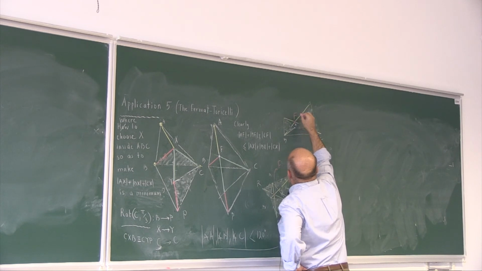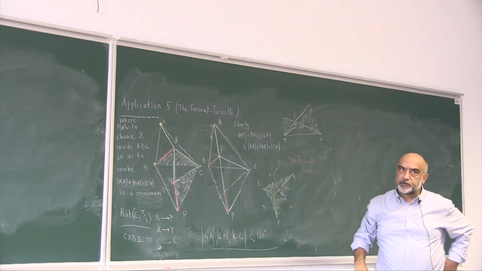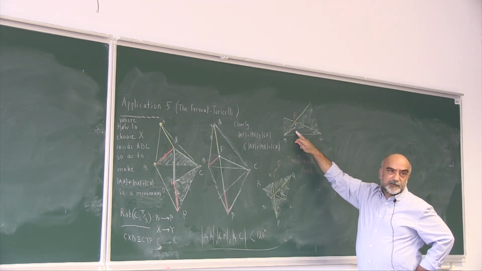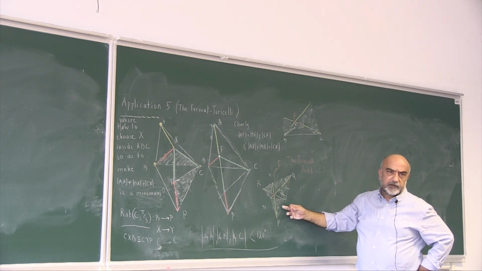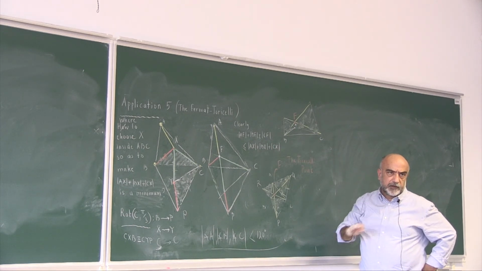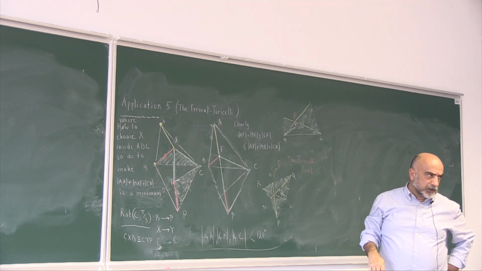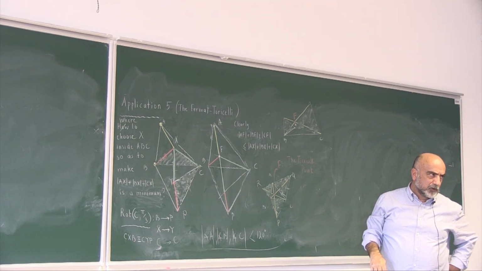So this won't do. So if the angle A exceeds 120 degrees, then the Fermat point, constructed in this fashion, will lie outside the triangle. So that's not admissible. In fact, I shall come back to this problem.